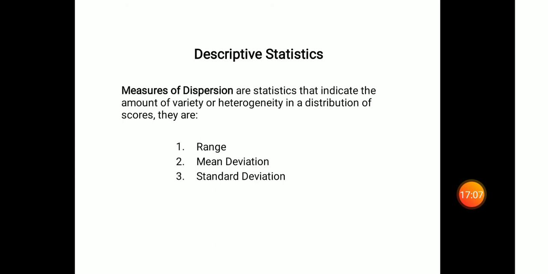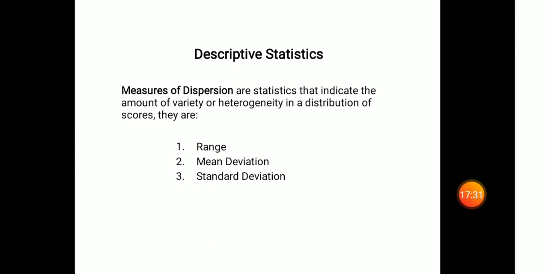That is true in the case of standard deviation. But if we want to find the variation between height and weight, understood? Height is measured in meters or centimeters, weight in grams or kilograms. Then if we want to find the variation between height and weight, we cannot apply standard deviation. There we will apply the coefficient of variation.